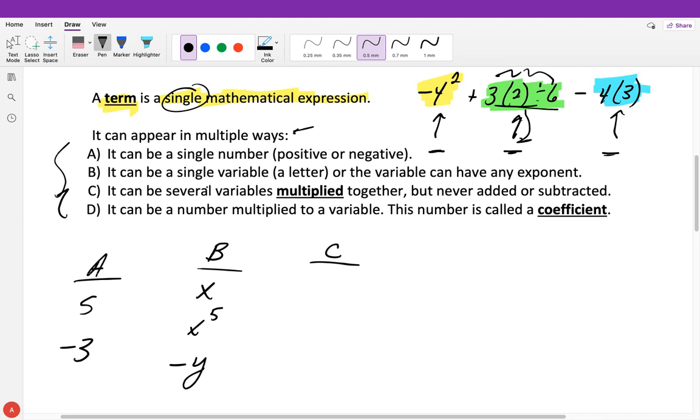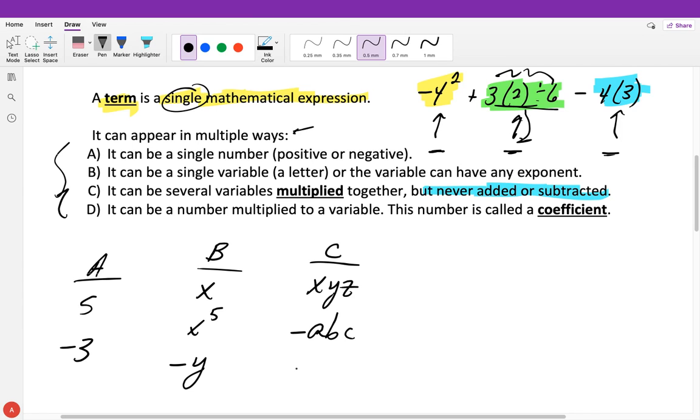For the next part, for C, it could be several variables multiplied together. But remember, never add or subtract them, because once they're added or subtracted, it actually creates two separate terms. So for C, we can have xyz. That's three variables being multiplied together. When the variables are just written next to each other like that, it's understood that they're being multiplied. We can have negative abc.